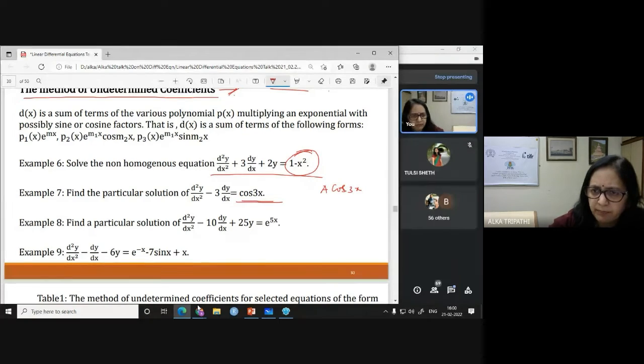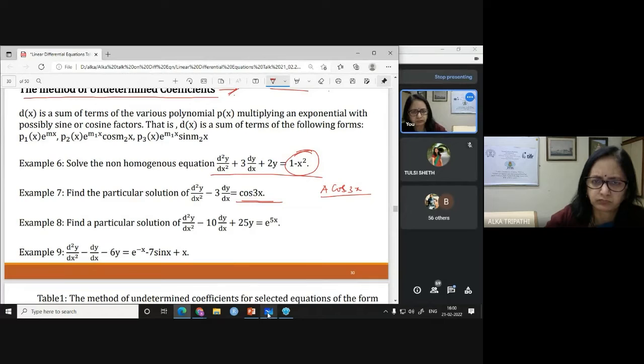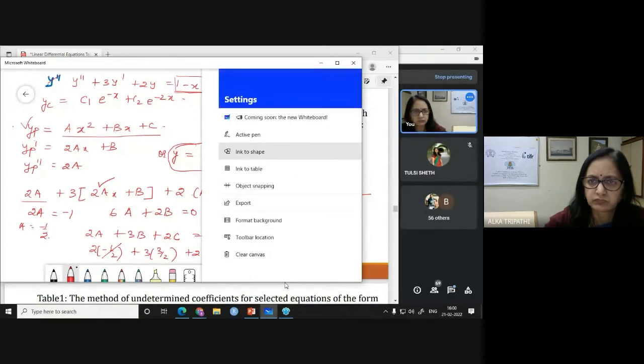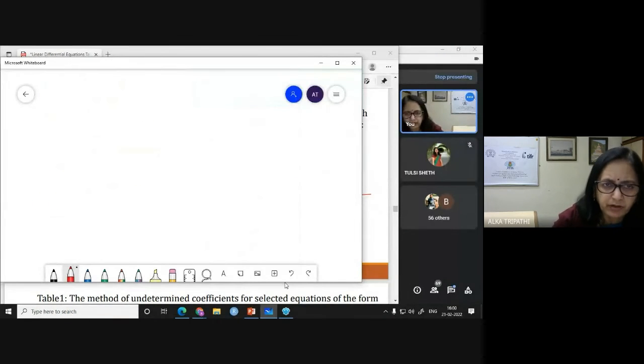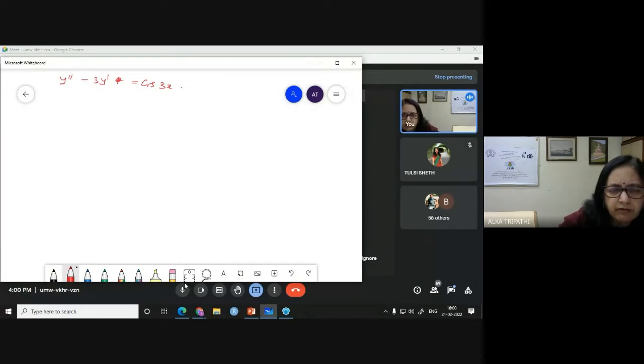Let us see what will happen if I am considering only a cos 3x as the trial solution. My equation is y double dash minus 3y dash plus y equal to cos 3x. We are assuming yp equal to a cos 3x.